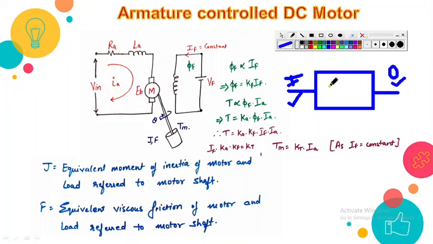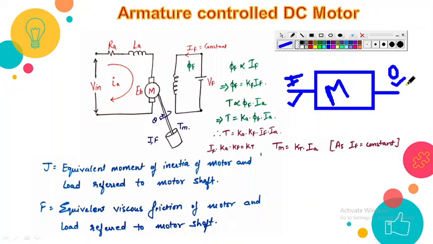In a motor system, the input is electrical energy and the output is mechanical energy, rotational. In the previous lectures I told you that we can have translational or rotational mechanical systems. In case of DC motors, we are talking about a rotational mechanical system.